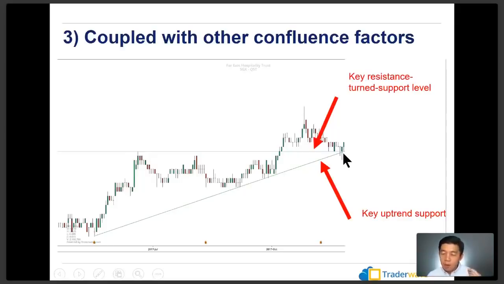Firstly, you have a bullish pin bar reversal pattern happening at a key uptrend support, which also happens to be a key resistance-turned-support level. So you have three confluence factors happening at the same time. And this is the kind of situation you want to initiate a long trade on in this particular example over here.